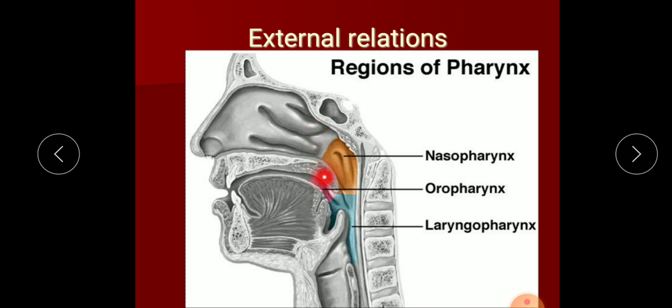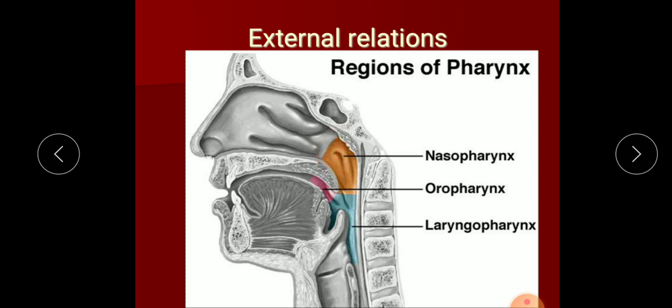What is the relation anteriorly? Anteriorly, the pharynx is characterized by many deficiencies. Look at that. In the upper part, the nasal cavity communicates with the nasopharynx through the posterior nasal aperture.